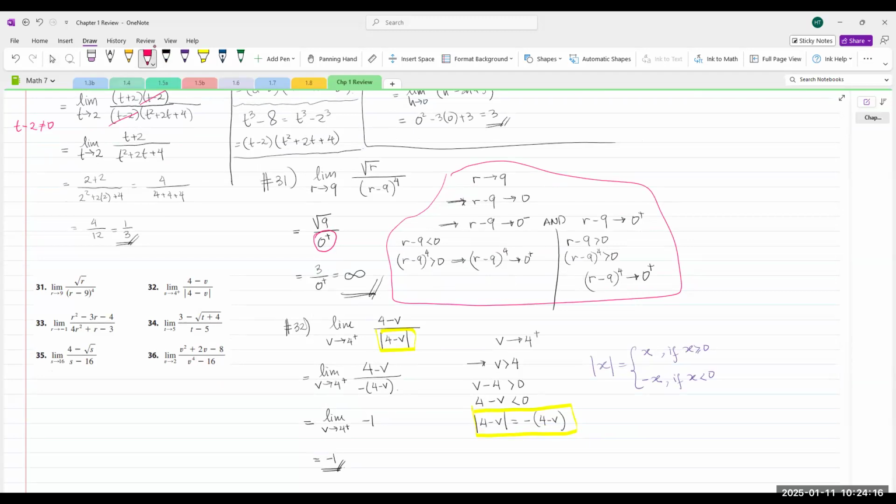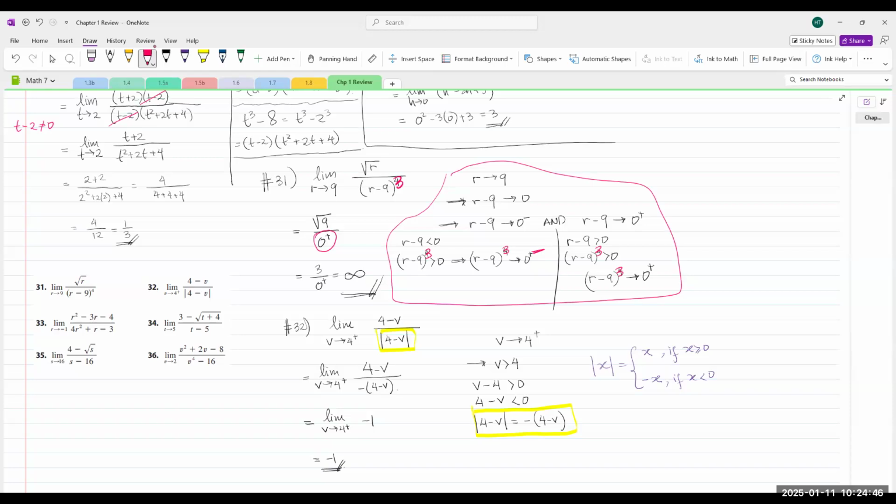Now, just for curiosity, what happens if this were a cube? If that were a cube, then r minus 9 cubed will be 0 from the left hand side for the first case, and r minus 9 cubed will be 0 from the right hand side for the second case.